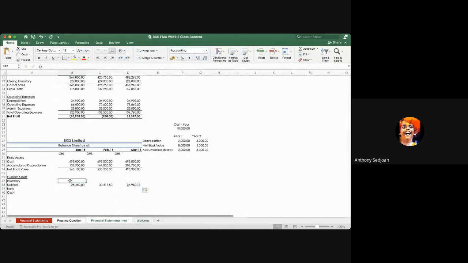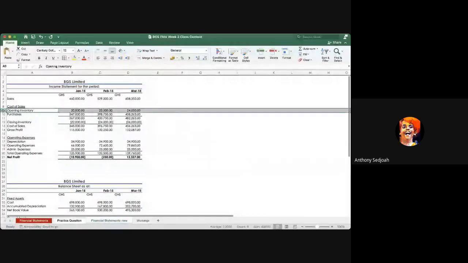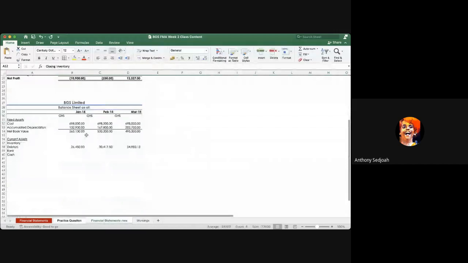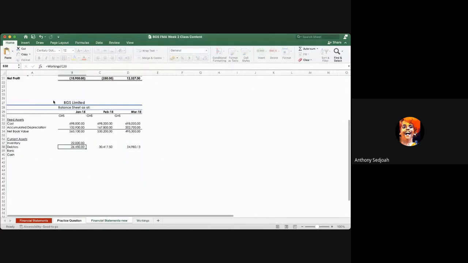In the balance sheet, remember we have opening inventory and closing inventory. When doing the income statement, or the profit or loss account, we use both opening and closing inventory. But for the balance sheet, we use only the closing inventory. So let's go to the workings and see where our closing inventory is, which is over here: 22,000.